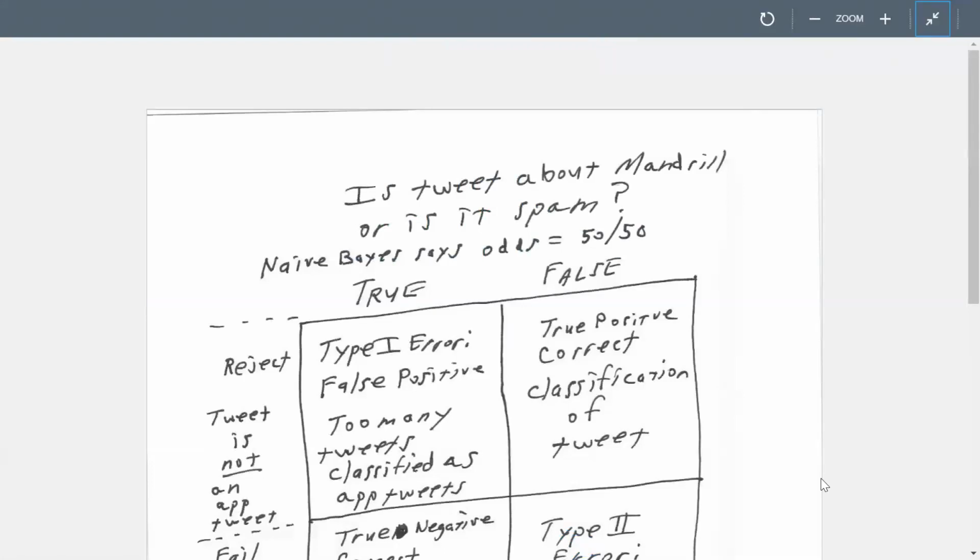Now, let's say that you're going to the doctor and the doctor says, we've found a lump and we want to look at it. Or let's say the doctor says, we've found a spot on your lung. We want to see what it is. Which would you rather have? A test that will give you a false positive or a false negative?